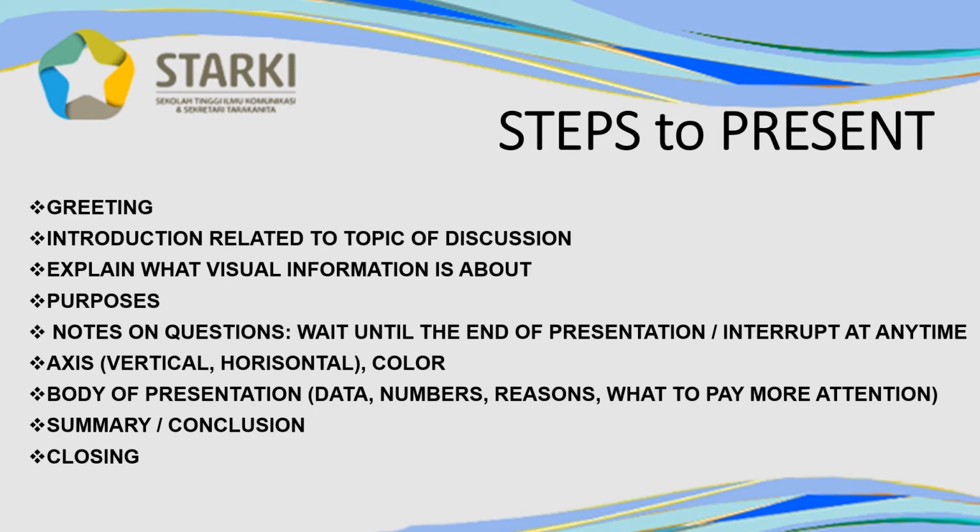Don't forget to provide also the reasons, for example, or what to pay more attention to. And then the last one, try to come to the summary or conclusion and closing. Understandable? Hopefully these steps can be followed and you can apply these steps better.